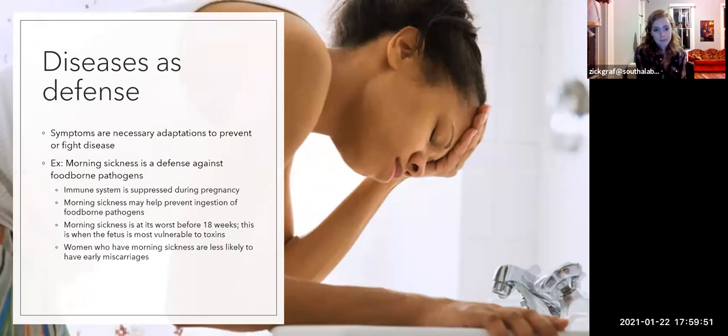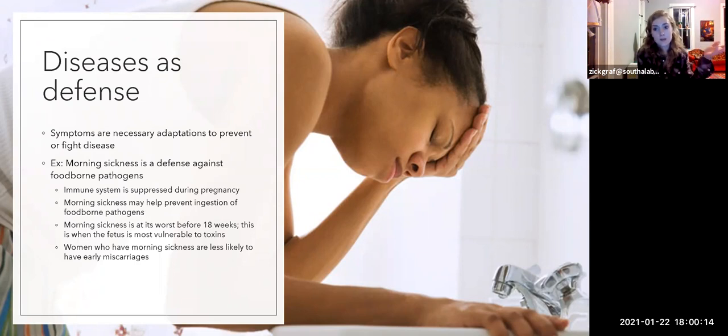So people who have morning sickness are less likely to eat strongly flavored or protein-based foods, the same kinds of foods that are more likely to carry external toxins that could make you sick. And importantly, in addition to making the pregnant person sick, these toxins could have a really negative impact on the development of the fetus during about the first 18 weeks of fetal development.